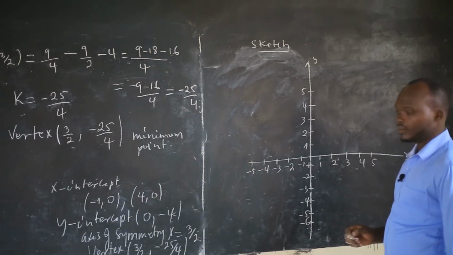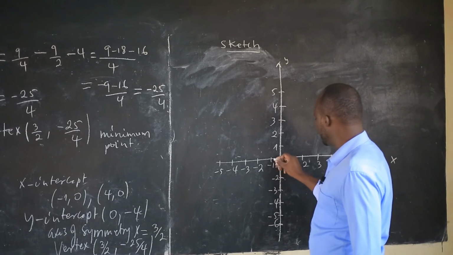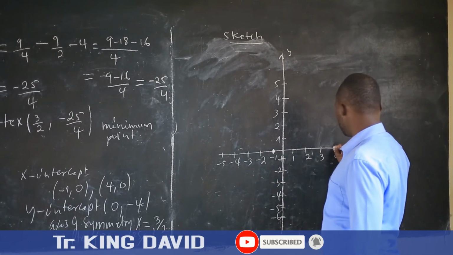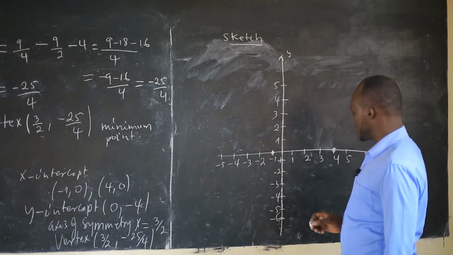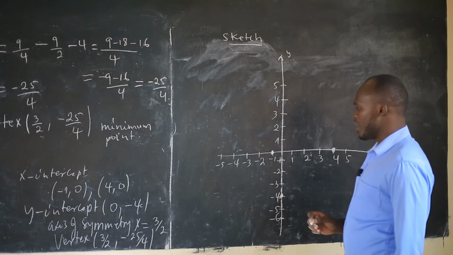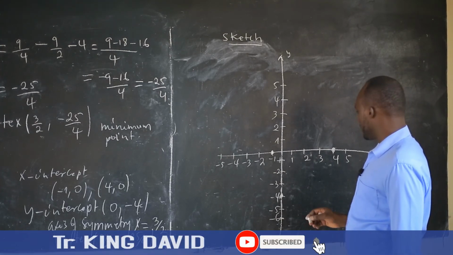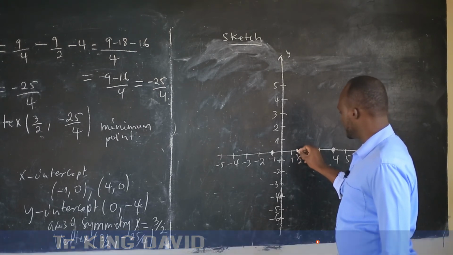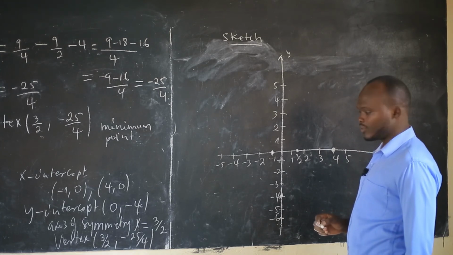Okay, so now, the x-intercepts are (-1, 0) and (4, 0). That is what we call the x-intercepts. So we have the y-intercept (0, -4). It is here. We have the axis of symmetry 3 over 2, 1.5. It is here. So it will be there. So we have the vertex (3 over 2, negative 25 over 4).